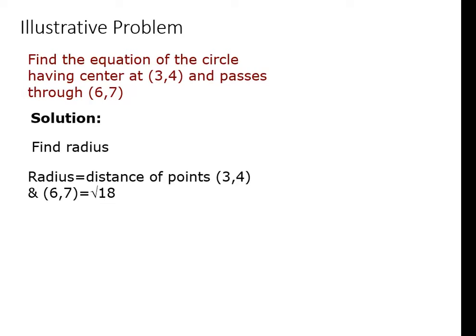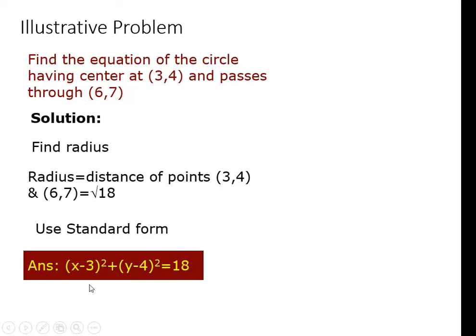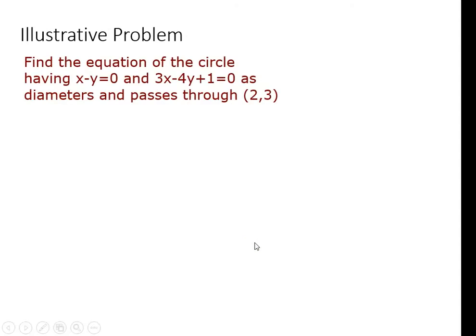Distance formula we apply: (6 minus 3) square, that is 3 square, that is 9; (4 minus 7) is minus 3, and 3 square is again 9. 9 plus 9 is 18, so radius is under root 18. Use standard form: (x minus 3) square plus (y minus 4) square is equal to 18.